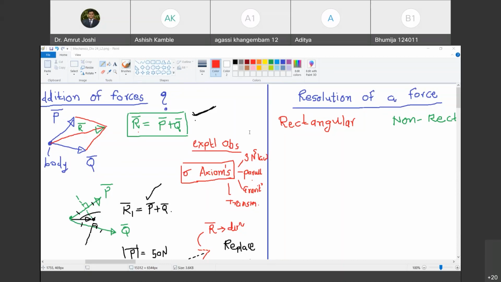That observation is experimental, so we call that statement an axiom. In the first place, two masses getting attracted towards one another is the axiom, and then the force of attraction, with the help of mathematics, being proportional to G m1 m2 upon r square is the axiom.